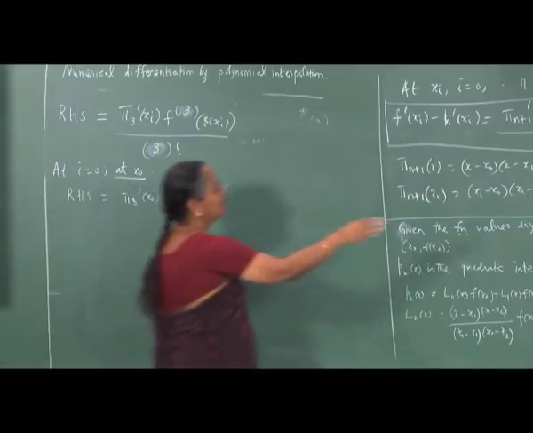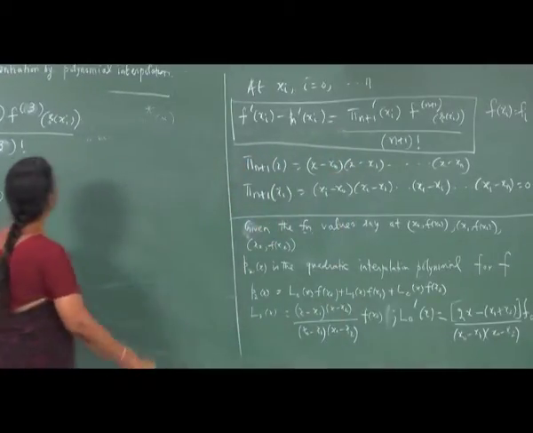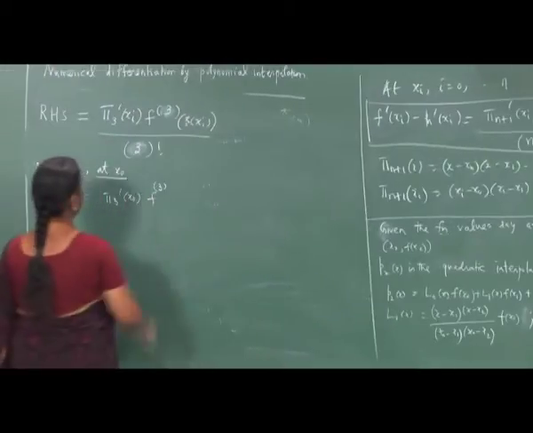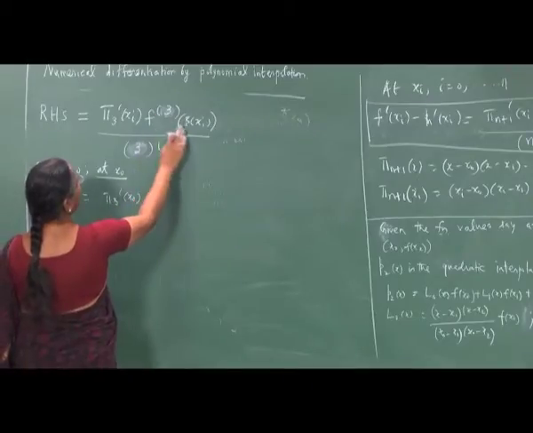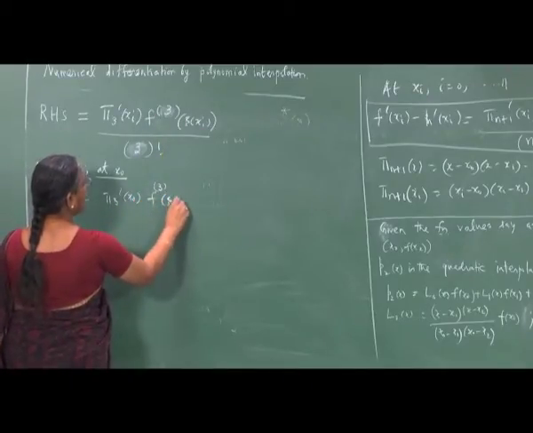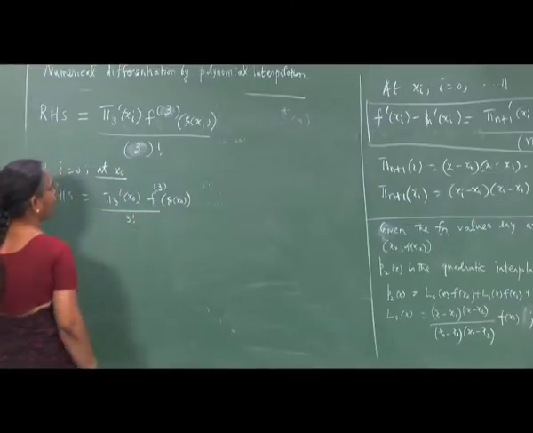Anyway, for any n the result is available here, so I substitute n as 2. So, I have to compute pi 3 dashed of x naught into the third derivative of psi at xi, divided by 3 factorial.